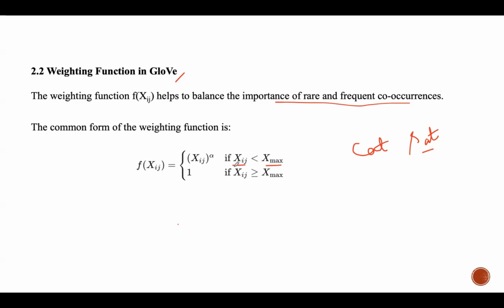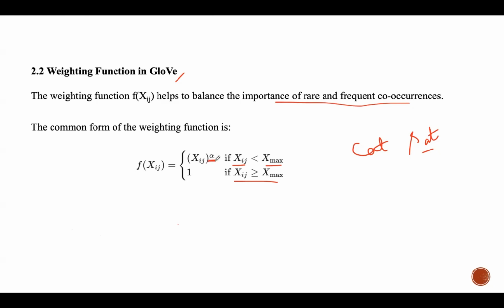If this Xij value is greater than X max, then f of Xij is equal to f of X max. So the contribution of this pair will be capped and won't increase any further, no matter how high the co-occurrence count is. This is done to prevent overemphasis on common words and focus more on the rarer, semantically interesting word pairs.